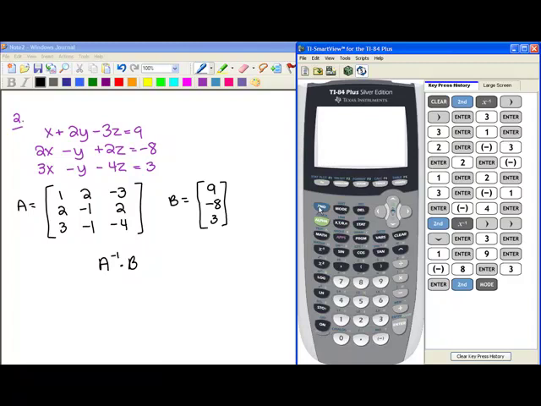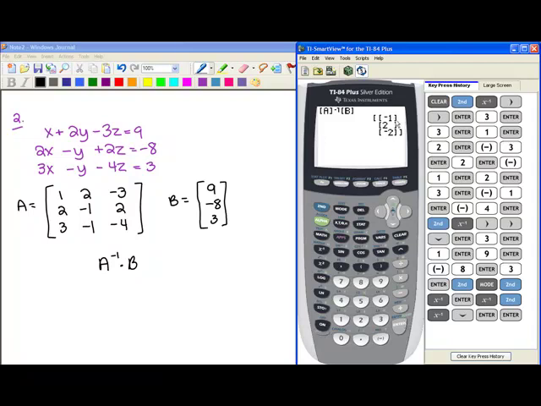We'll call up matrix A, second matrix. Here is the name A. Press enter. Then hit the X inverse key. And then call up the name B, second matrix, matrix B. Press enter.